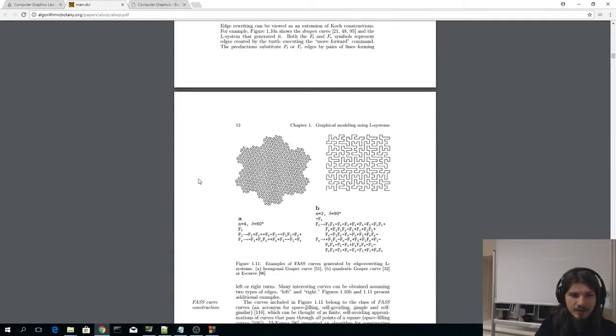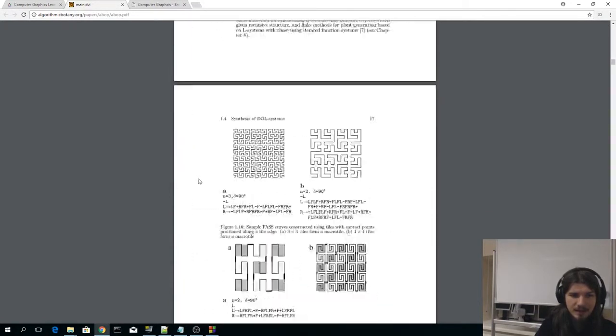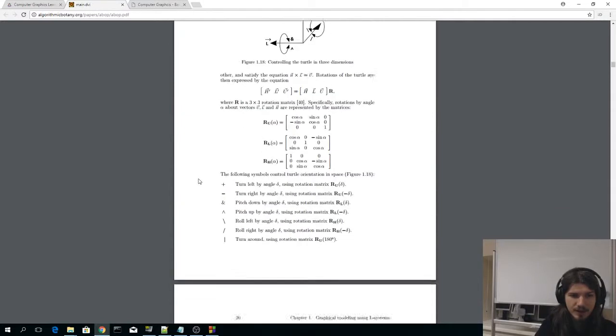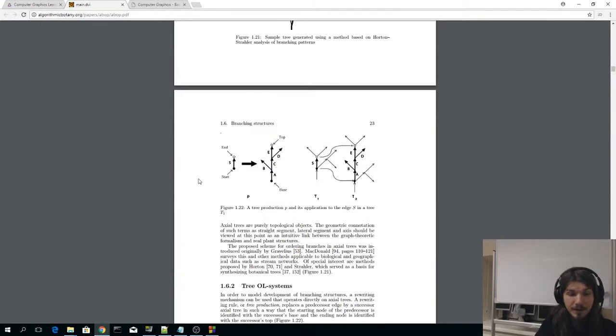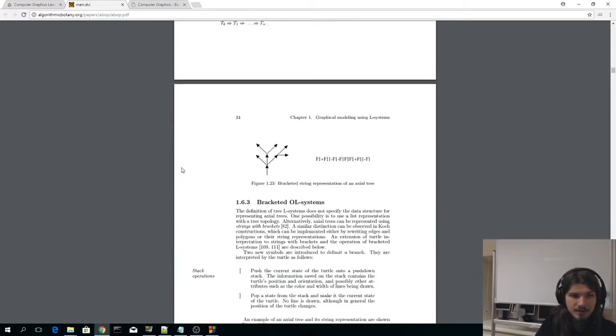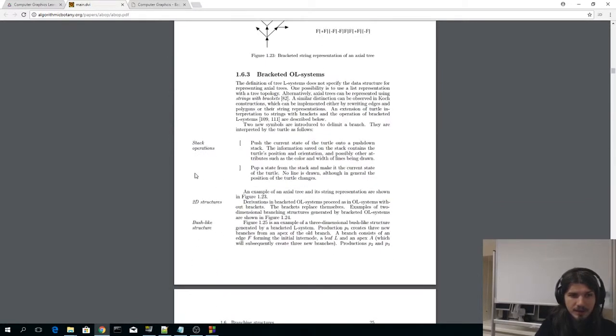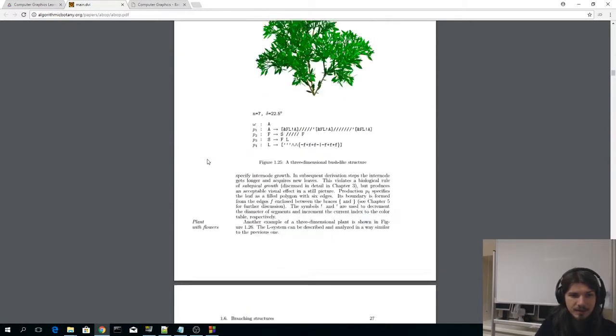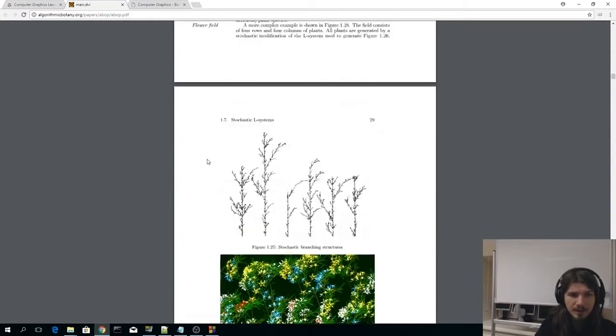Again, patterns, and you can read how to define different systems like zero-context L-systems, bracketed L-systems, and so on. What are the differences?